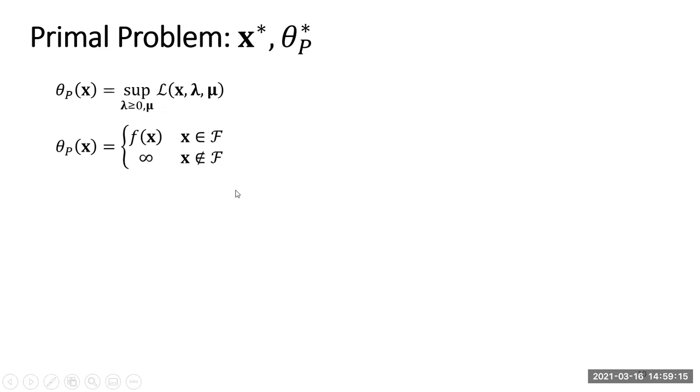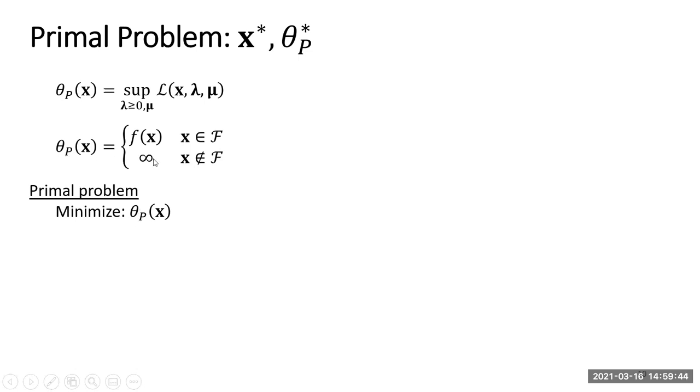And we just proved that theta p of x is equal to f of x, the objective function that we want to minimize, when x is feasible, and it's infinity when x is infeasible. The primal problem is minimize theta p of x. Okay. And what will happen?